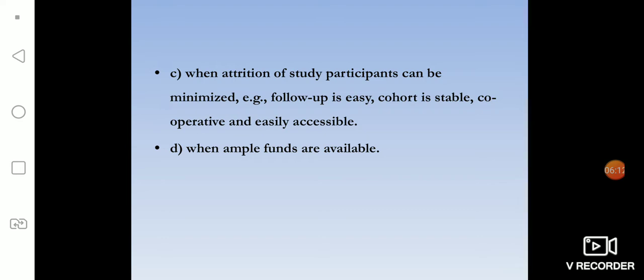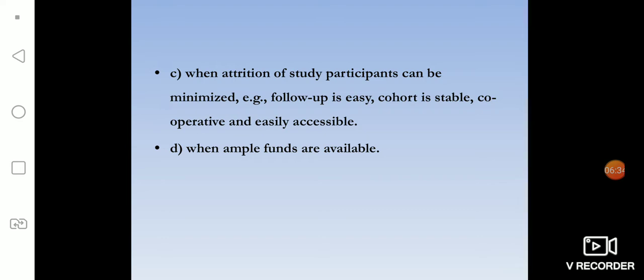Third, when attrition of the study participants can be minimized. This word attrition you should understand: it is where we are losing follow-up of the patients or the cohort group whom we are following over a period of time.